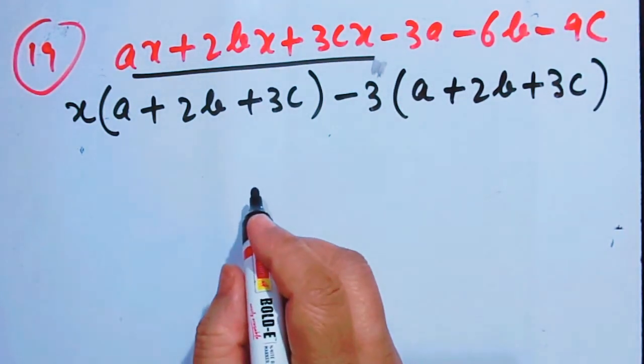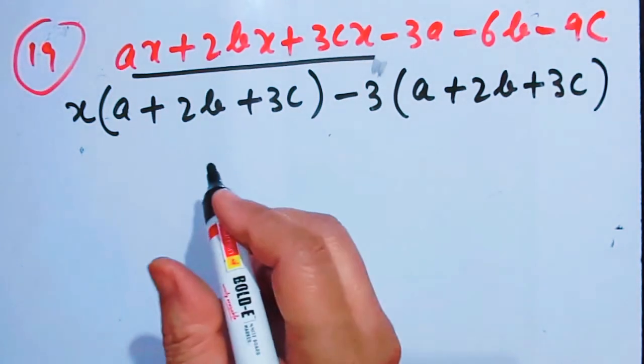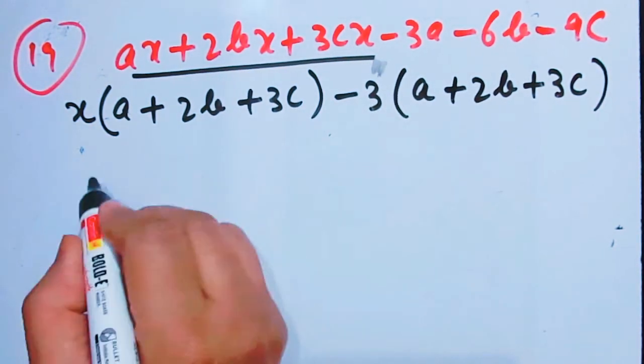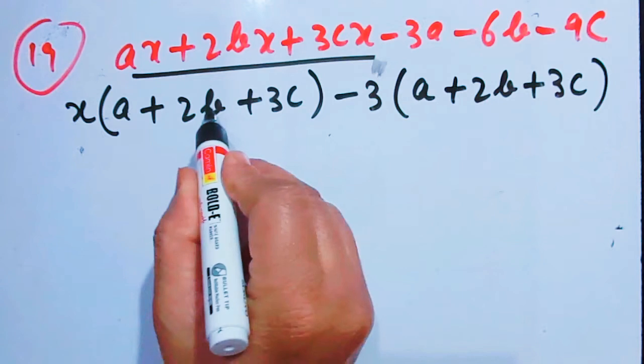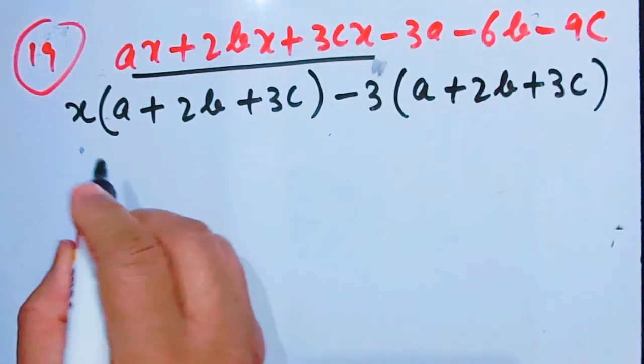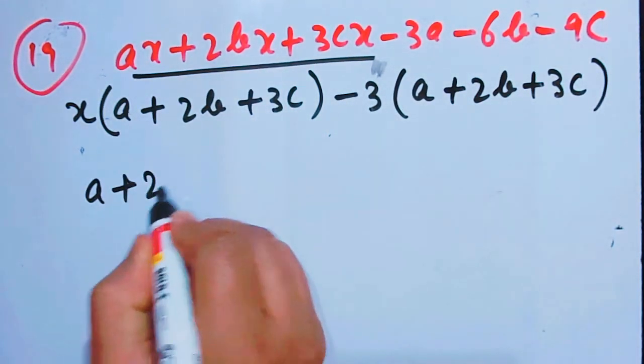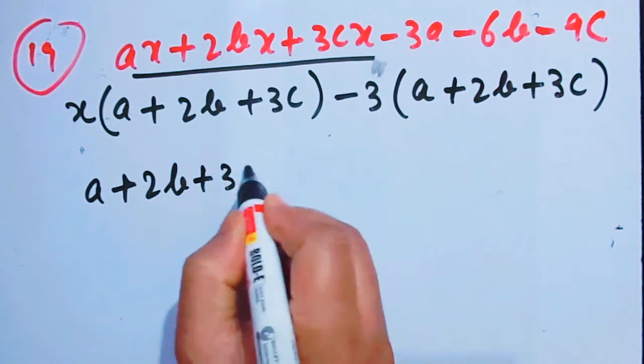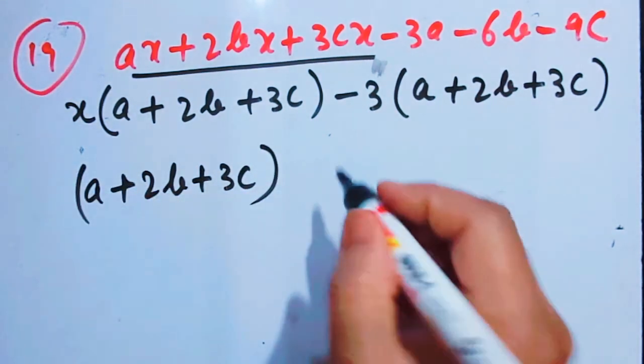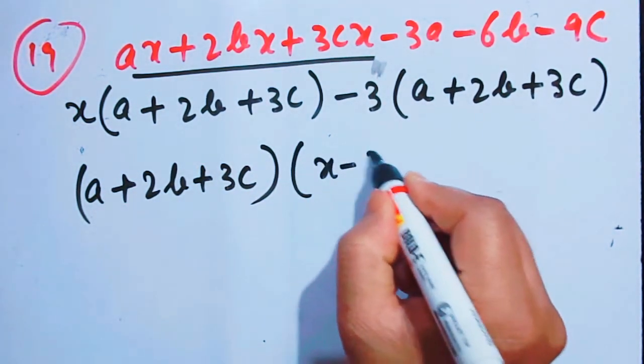This was really the easiest one. You got common A plus 2B plus 3C, so when taken common, you will get x minus 3.